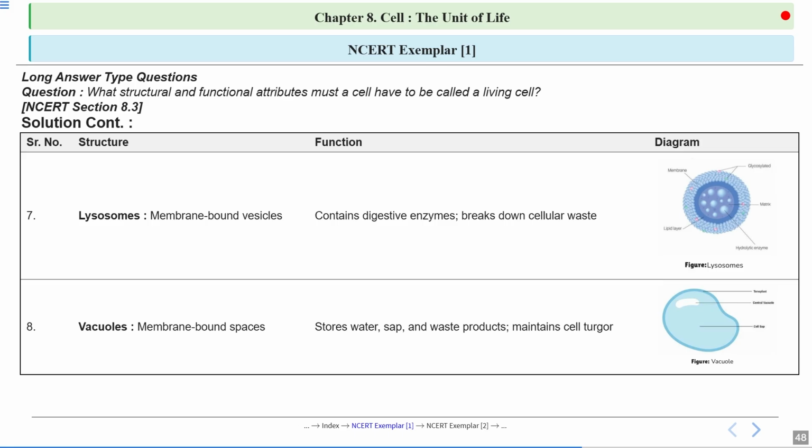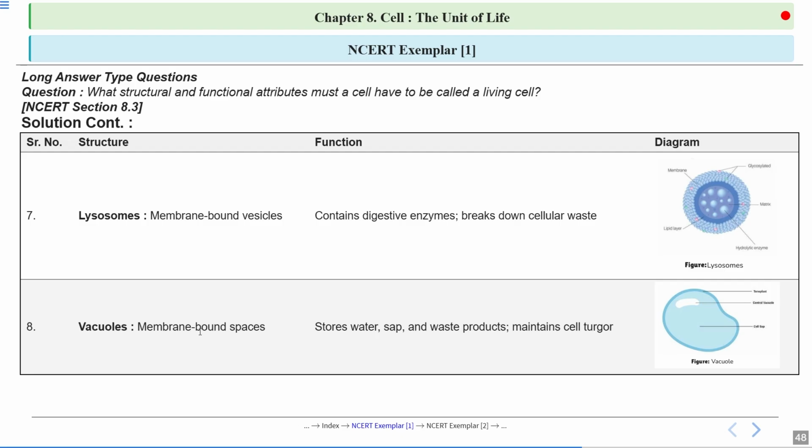Here you can see an image of the lysosomes. Lysosomes consist of these hydrolytic enzymes. If a lysosome bursts within the cell, what will happen? The components of the cell will degrade. So lysosomes are known as suicidal bags because they can degrade the damaged cell as well.